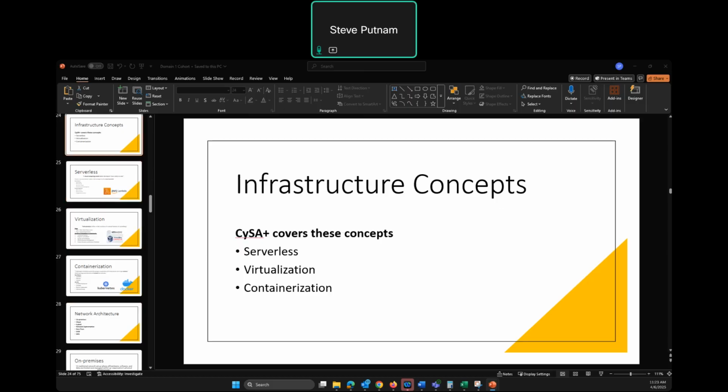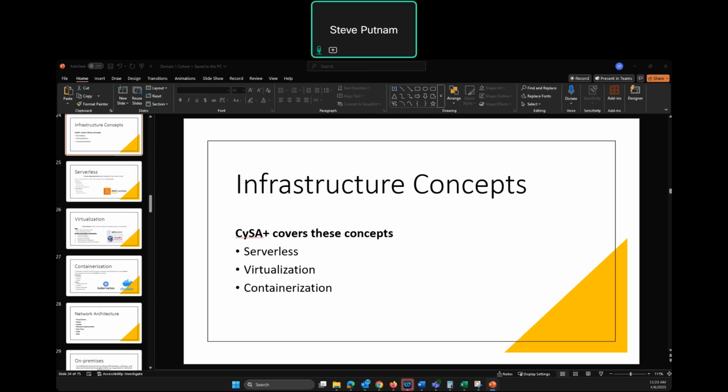The definition of serverless computing: essentially it's a cloud computing model where developers run code without managing servers. So there's no server managing that application or that code. The cloud provider handles all server provisioning, scaling, and maintenance, so any CPU or memory needed to run that code is handled by the cloud provider.